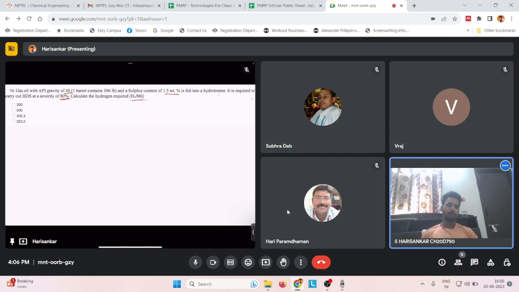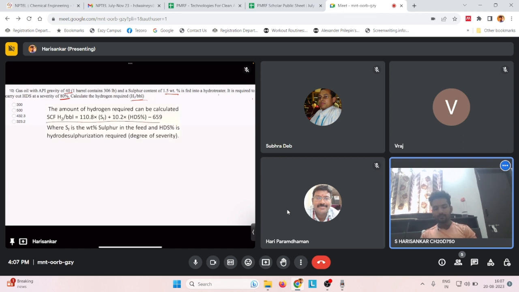Calculate the hydrogen required in H2 per BBL. I think we have not looked into this in the session today, but it is there in the lecture from Professor Mandal. If you look at those lectures, we'll get this formula.